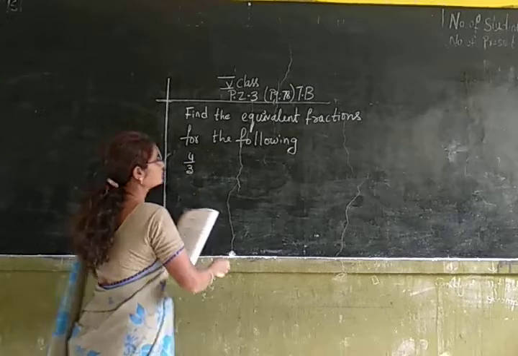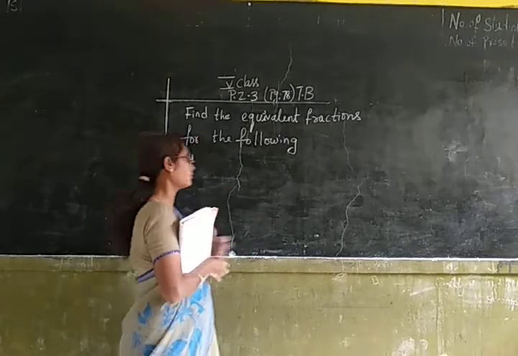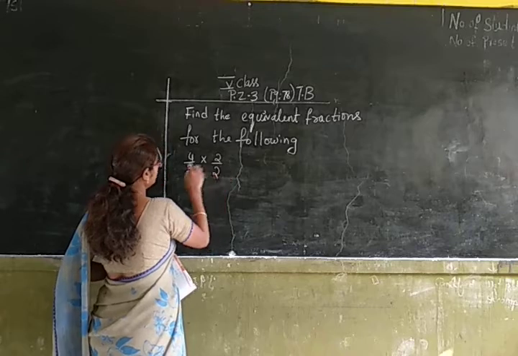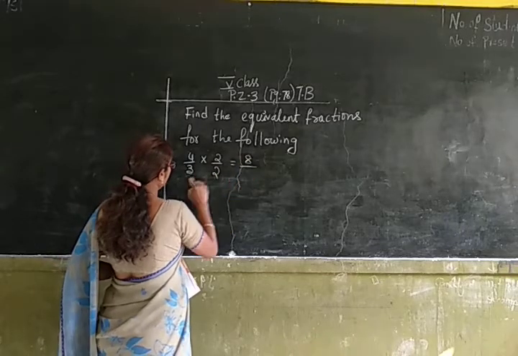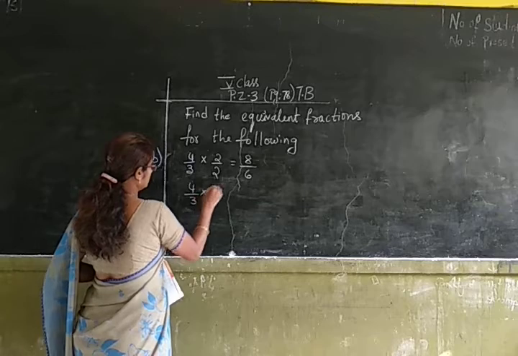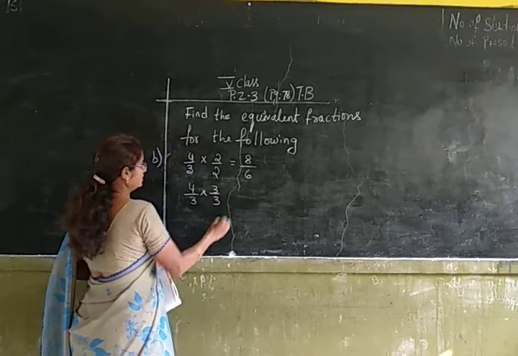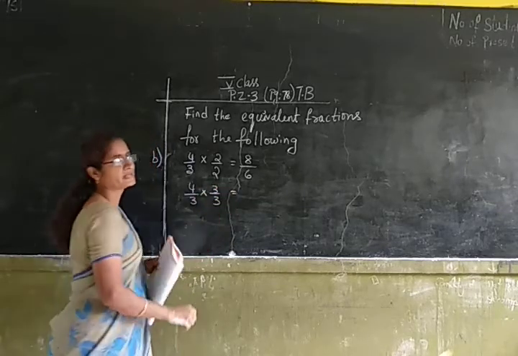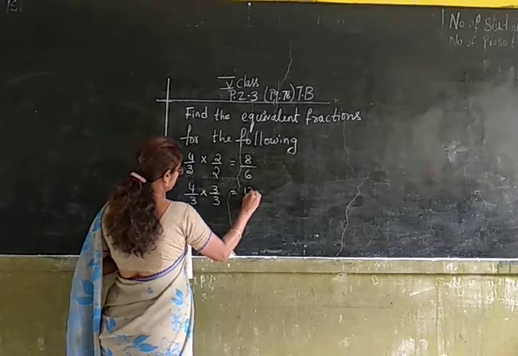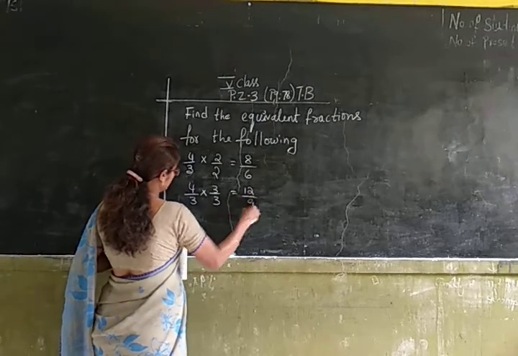Now let us write down the equivalent fractions for 4 by 3. Let us multiply the numerator and denominator with the same number. 4 2s are 8, 3 2s are 6. 4 by 3 into 3 by 3. Here we are multiplying the numerator and denominator with the same number. 4 3s are 12, 3 3s are 9.